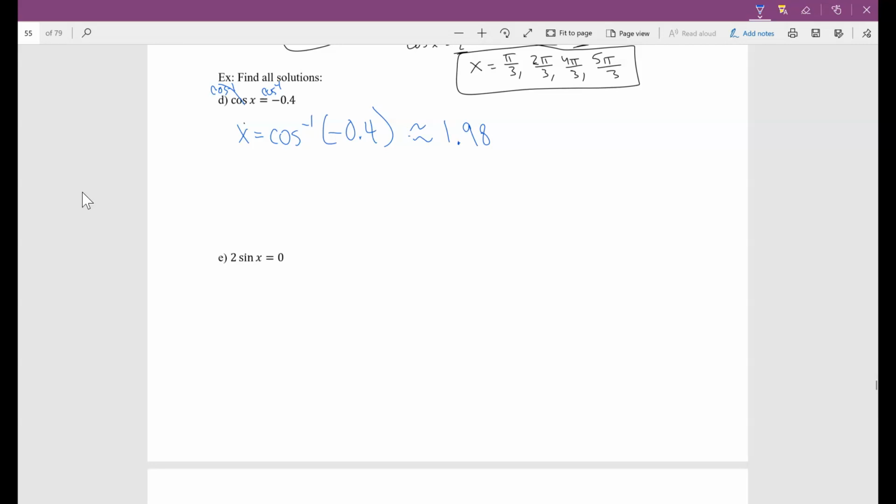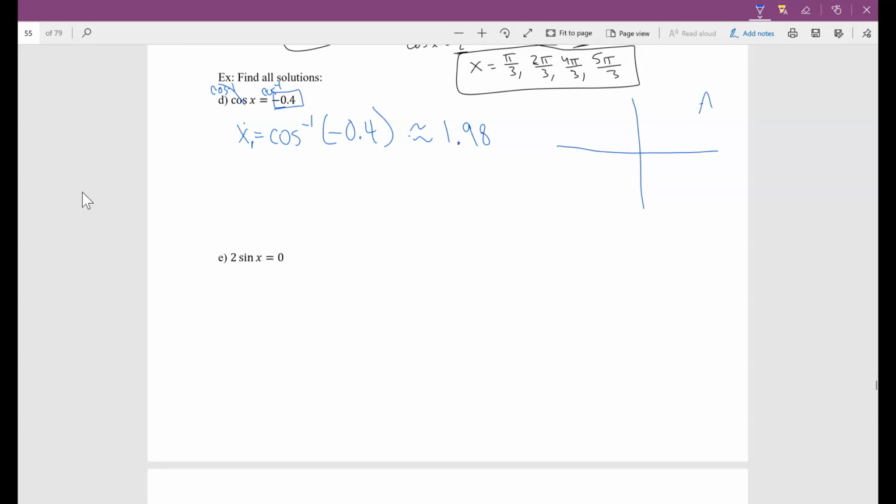Now, one thing to think about is that with this negative 0.4, there's actually another solution as well. So this is the first solution. Where is the next solution? Whenever the cosine is negative 0.4, we look at all the possibilities where that can occur.